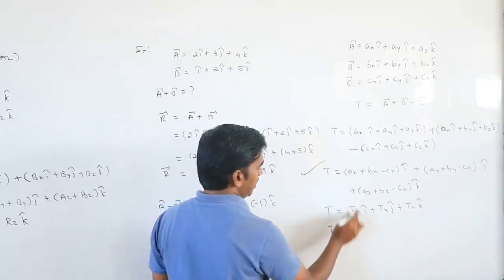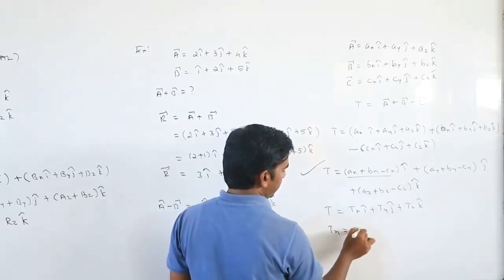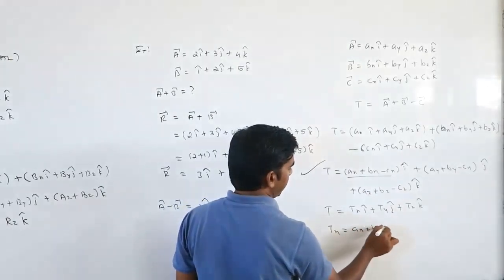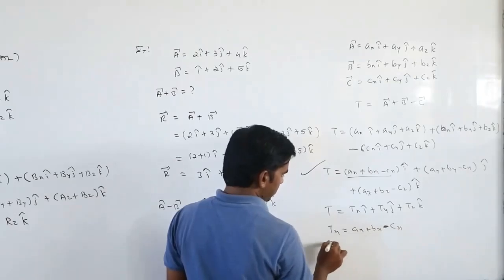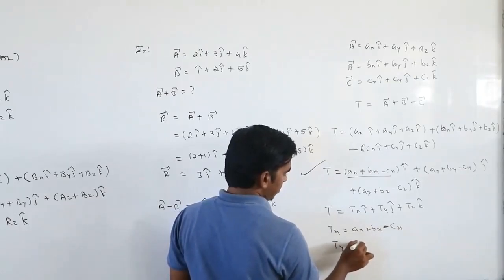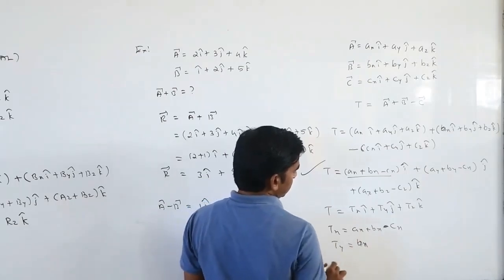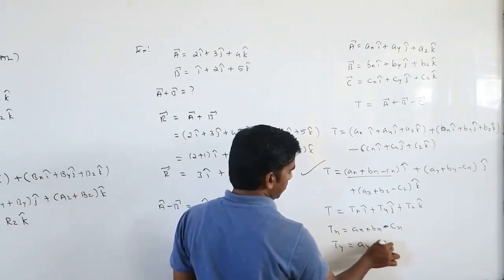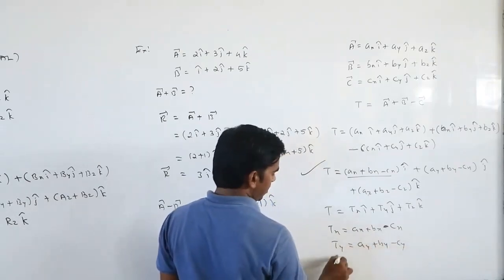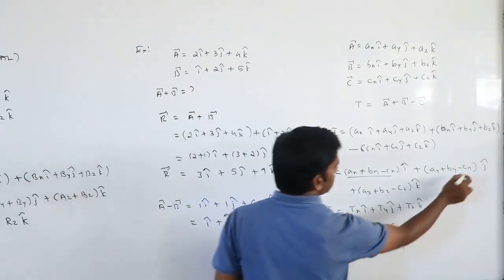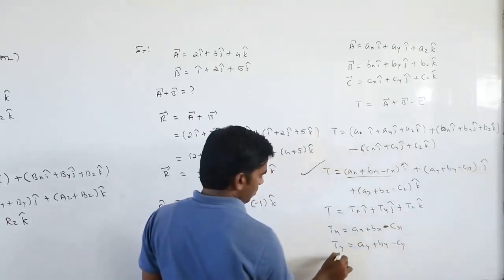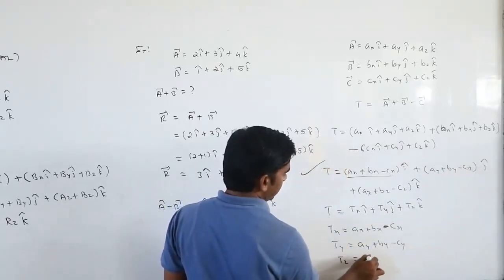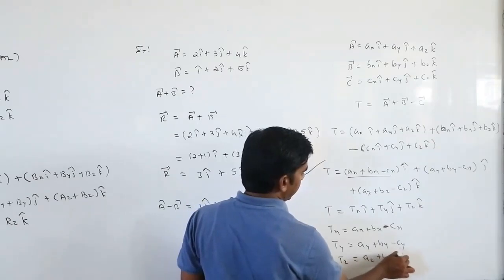So tx is ax plus bx minus cx. Then ty is ay plus by minus cy. And tz is az plus bz minus cz.